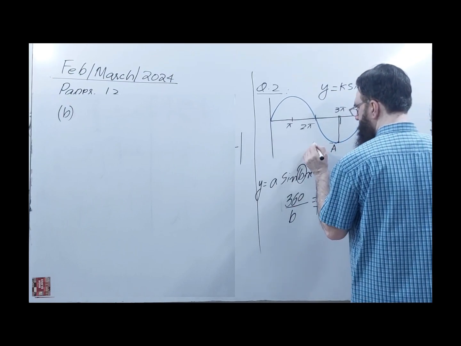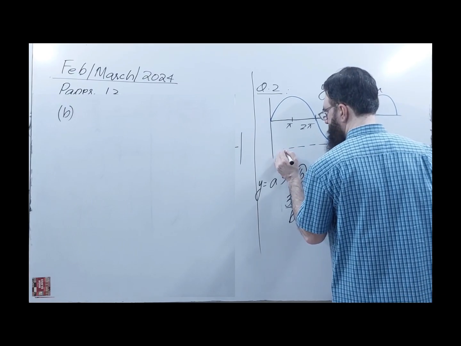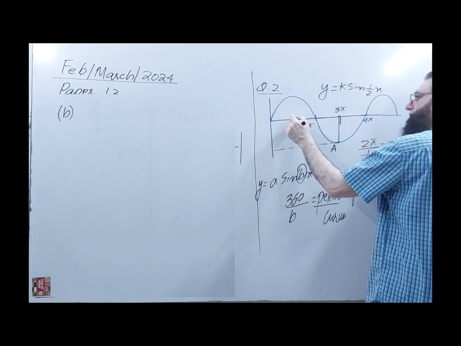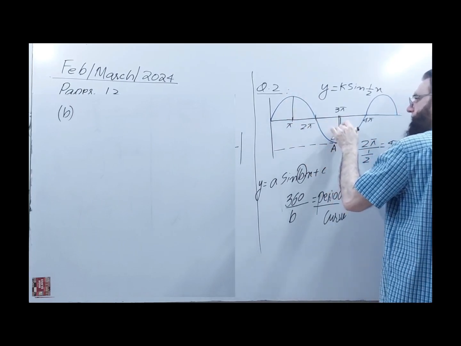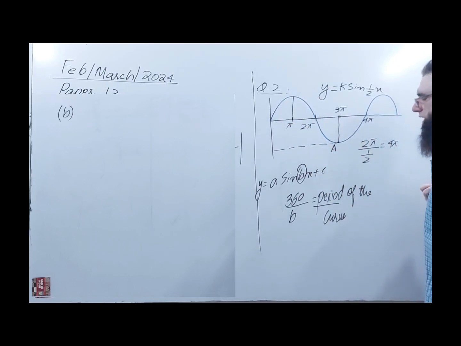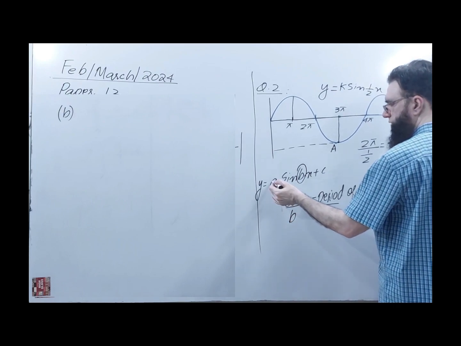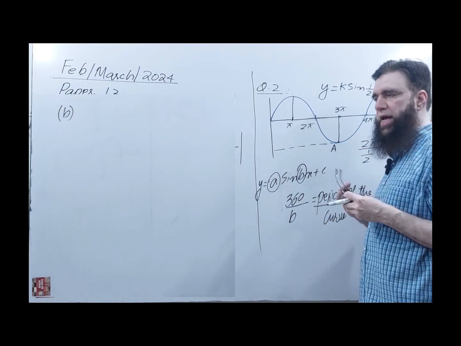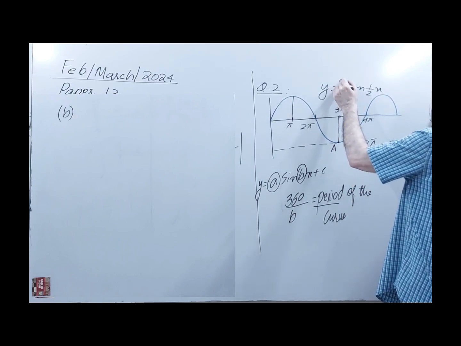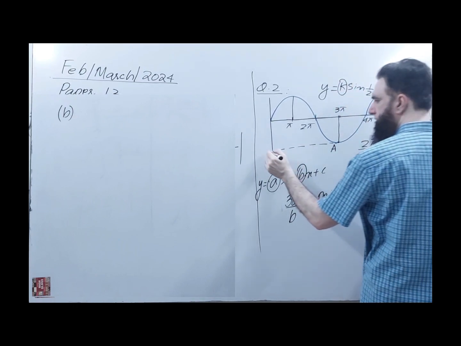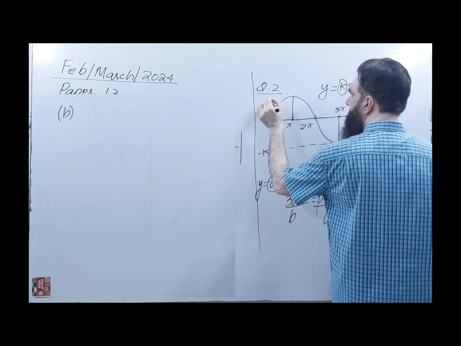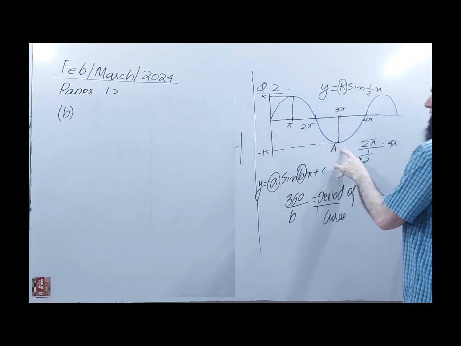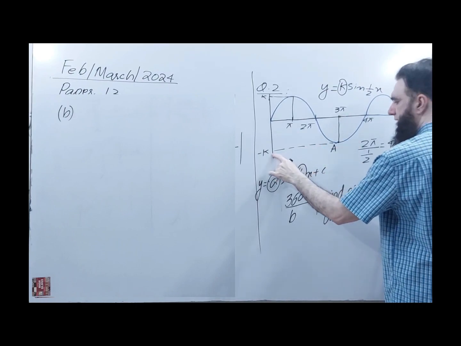You can see that this distance is the amplitude of this curve. This is the positive amplitude, and this is the negative amplitude. From earlier knowledge of sine or cos curves, this value gives you the amplitude, and the amplitude here is k. So this is minus k, and this is plus k. So the coordinates of A are 3 pi and minus k.